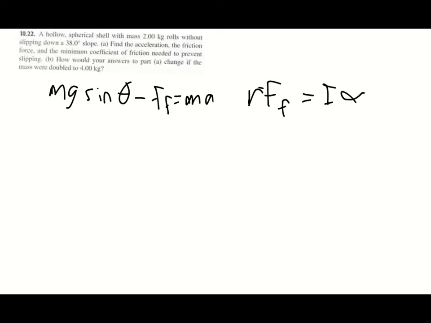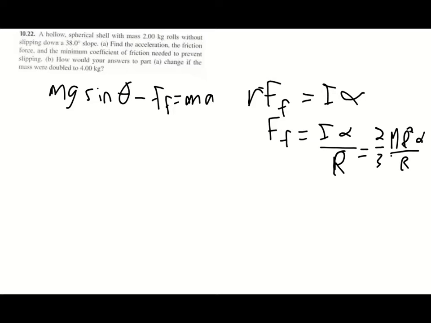So I'm going to do that by first substituting for the frictional force. So first I'm going to get the frictional force equals I alpha over R, and I'm going to make that a capital R, and then I'm going to replace I with 2/3 mR squared alpha, again all over R. I get 2/3 maybe mR alpha, and alpha R is a special thing.